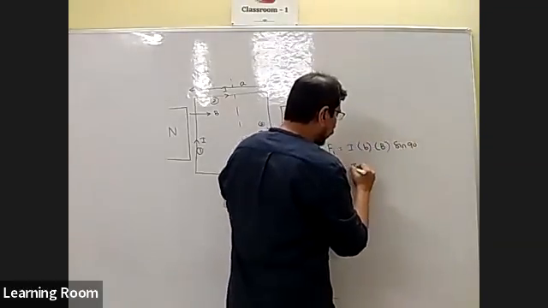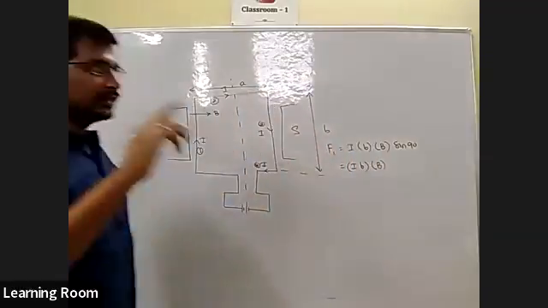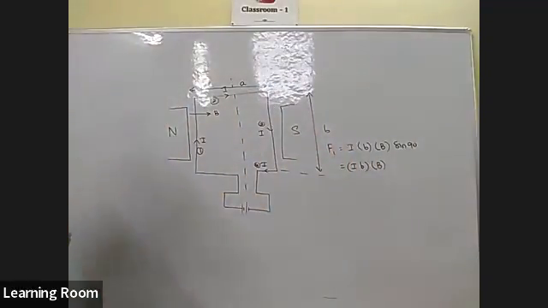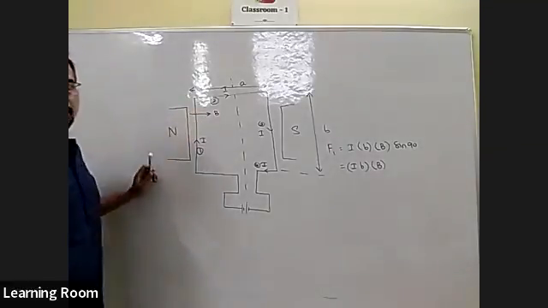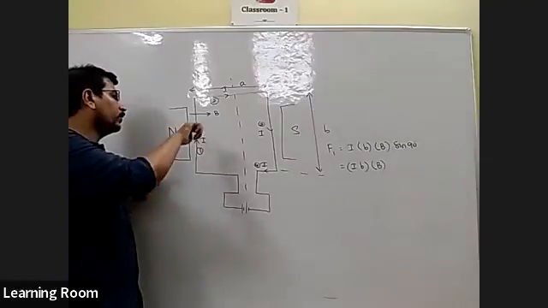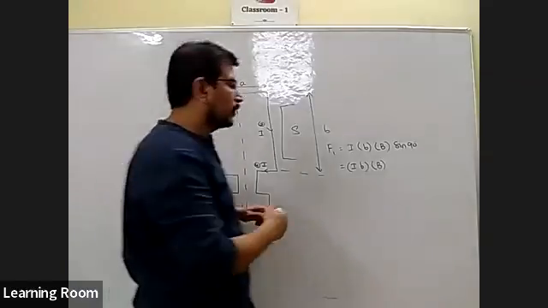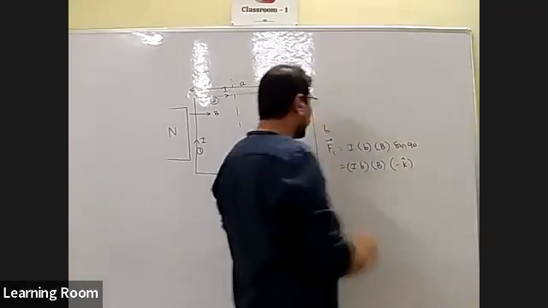So F1 is I b B, sine 90 is 1. In which direction is it going to experience the force? It will be into the plane, so can I call it minus k cap, with a vector on top of it?